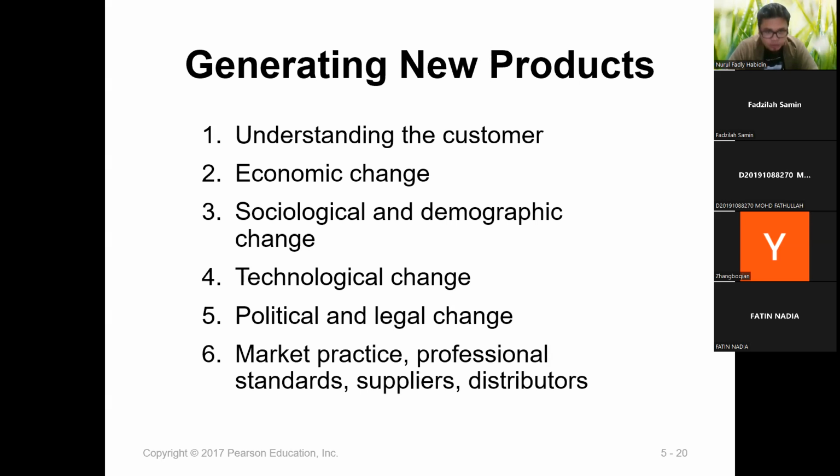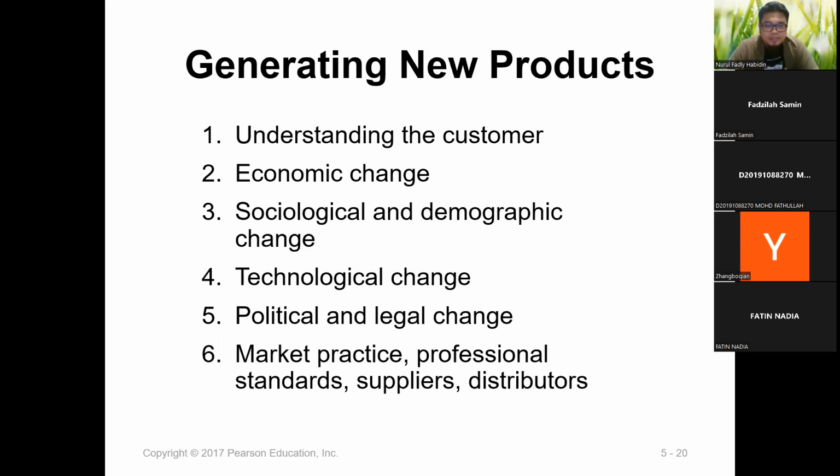Okay, number 3 is sociological and demographic change. Everything nowadays, when we talk about the social and demographic, is a lot of matters in product development. We should know, for example, locations, genders, salaries, educations, quality of life and well-being.